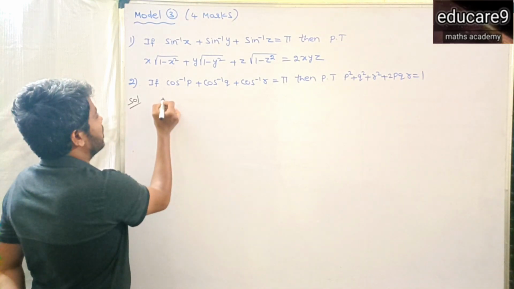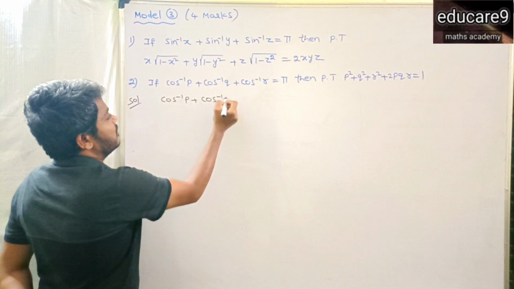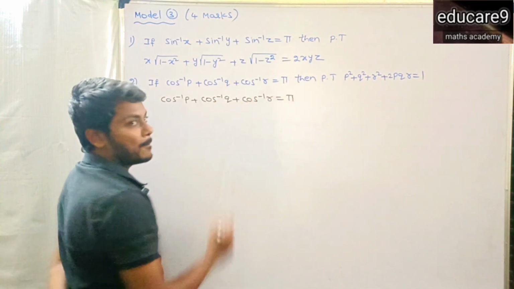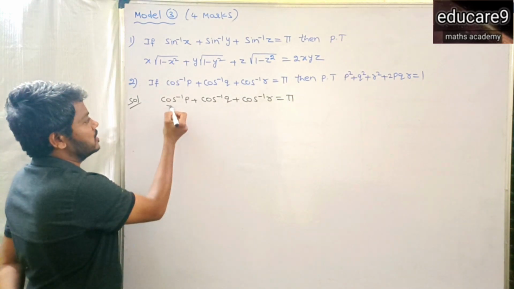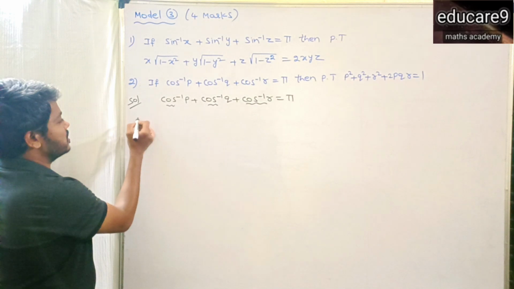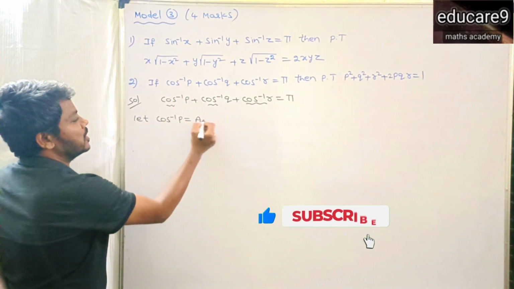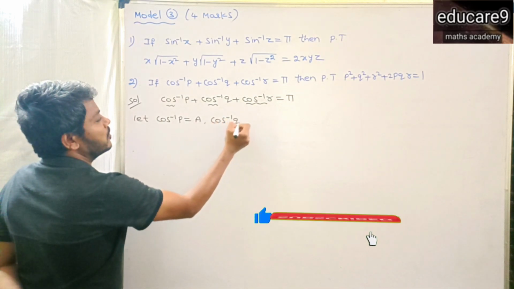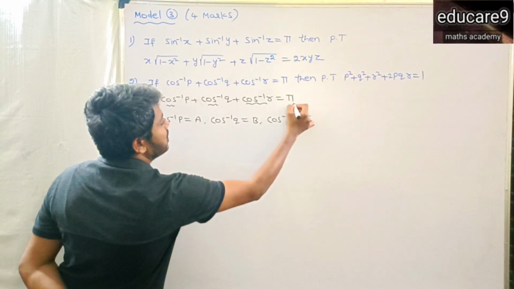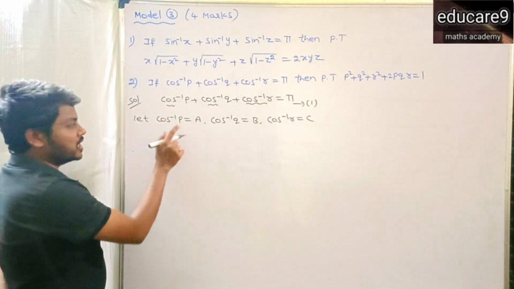Here also they are given cos inverse P plus cos inverse Q plus cos inverse R, which is equal to pi. Again a similar process: this is A and this is B and this is C. So let cos inverse P equal A, cos inverse Q equal B, and similarly the last one, cos inverse R, is equal to C. Now from this, what is the P value?